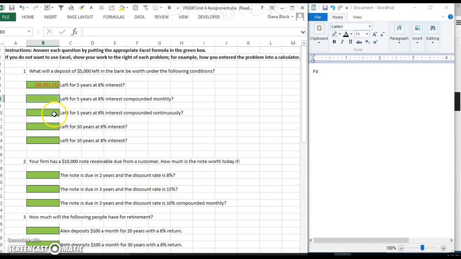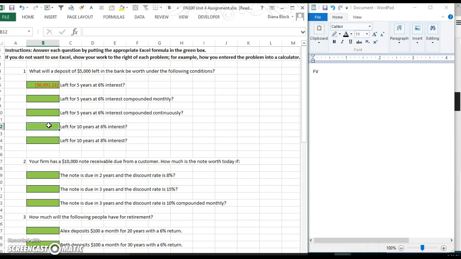So keep in mind, you're going to do that with each one of these. You're going to use the future value function and you're going to enter the interest rate. And based on the information given, that interest rate for the year, you may want to leave that, or you may want to divide it by something so that you get the exact interest rate for the compounding period. So if it's monthly compounding, you'll divide it by 12.